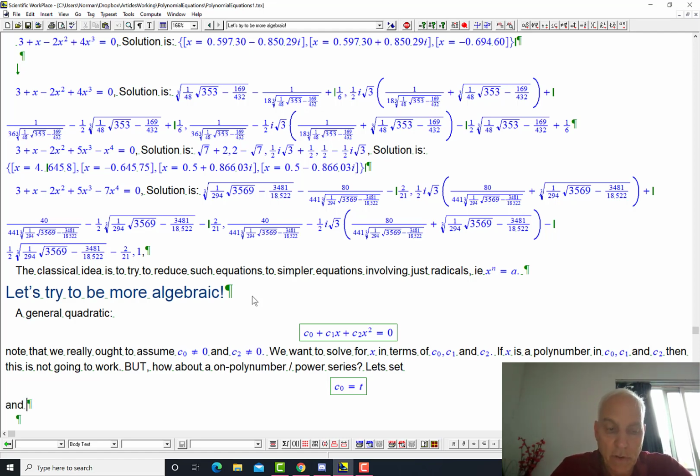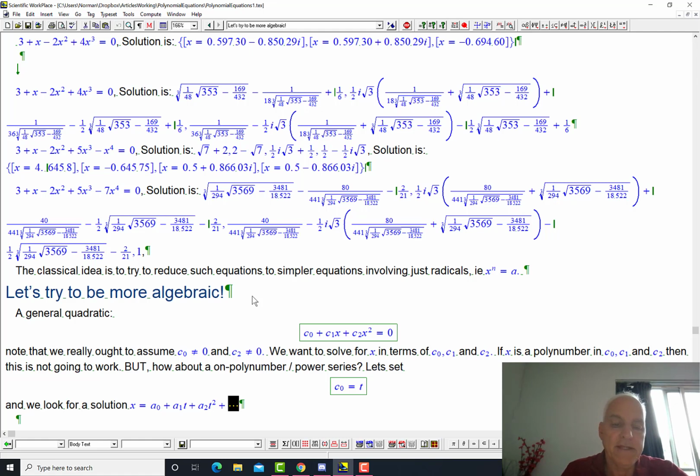And we look for a solution which is a power series in t. So we look for a solution of the form x equals a sub 0 plus a sub 1 times t plus a sub 2 times t squared plus dots, carrying on in some fashion or another.